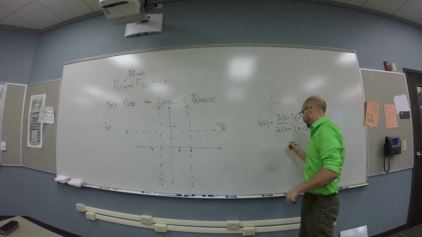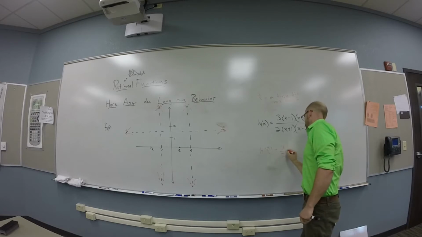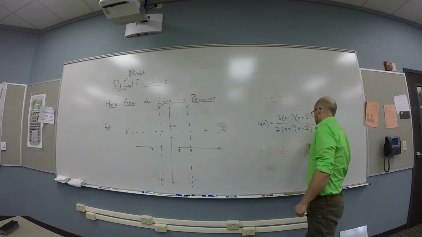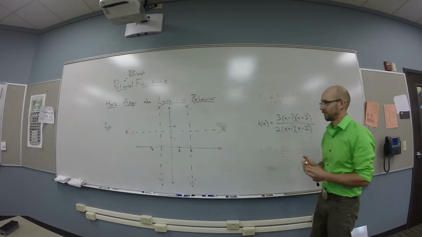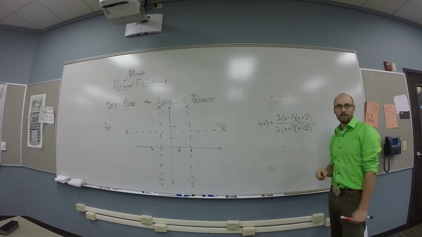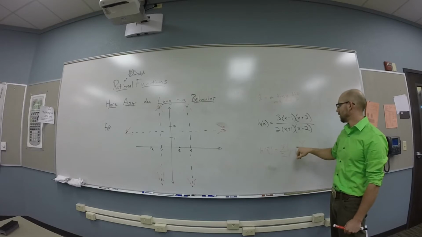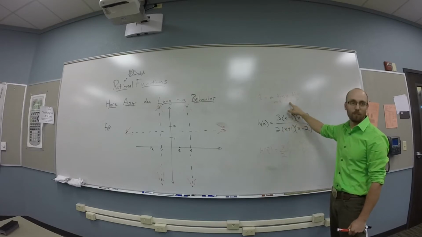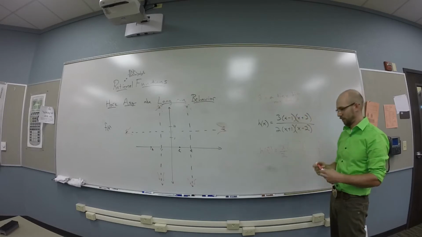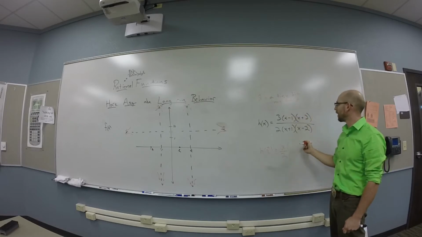So I'm going to have a 3 over 2. That's not going to change. And then all I want to do is figure out the signs of all these things. So x minus 1, if I'm a tiny bit more than 2, is positive or negative? Positive.